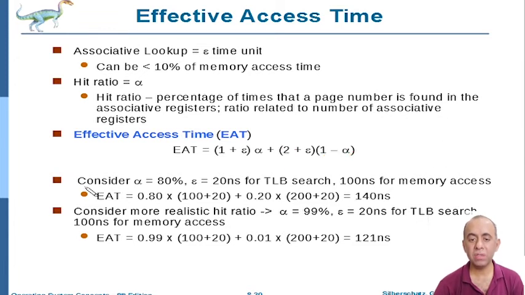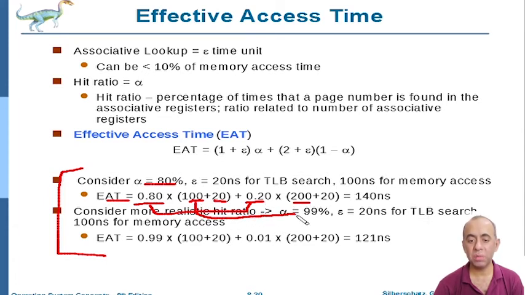Now there's also a numerical example given here: the effective access time for a hit ratio of 80%, a memory read time of 100 and a TLB read time of 20. Obviously 1 minus 0.8 will be 0.2, that will be the miss ratio, and 2 memory accesses will be 200, because one memory read is 100.